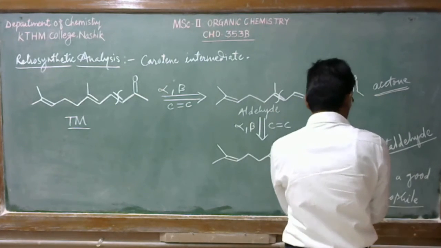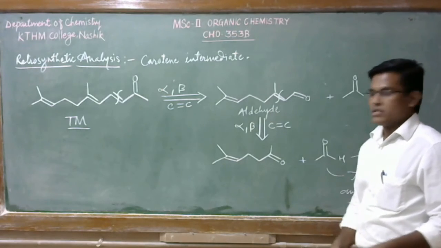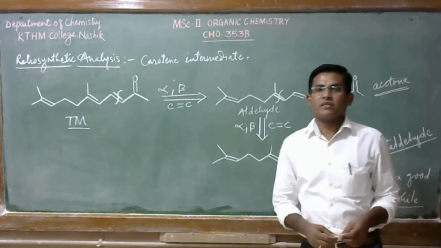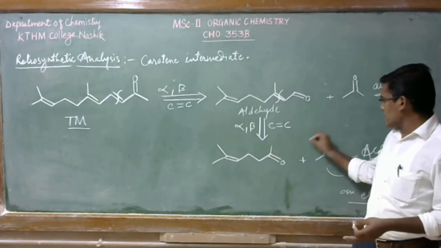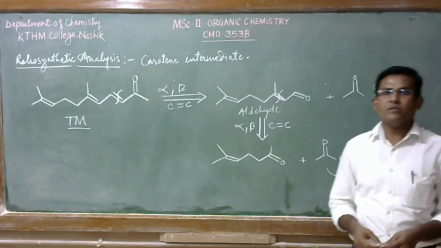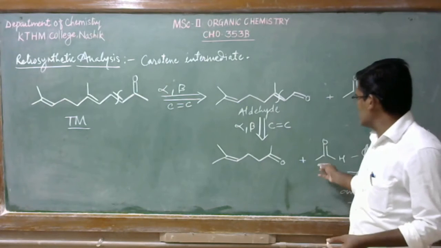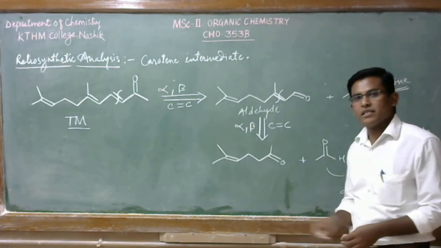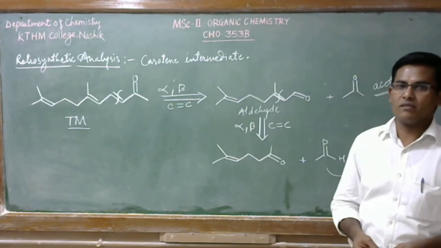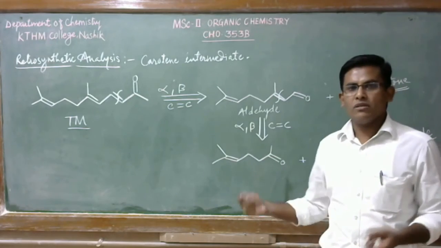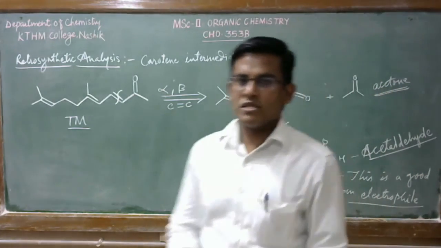Alright. So what is the solution then? In the forward synthesis, we can use the carbonyl compound at the ester oxidation level. Okay? So instead of using this acetaldehyde, we can use the ester. Alright. So let us have its forward synthesis.